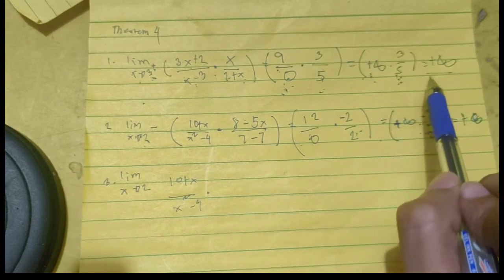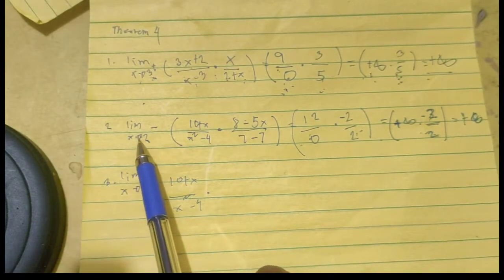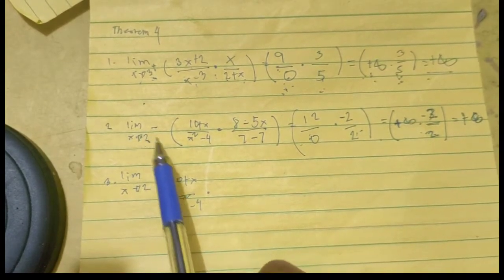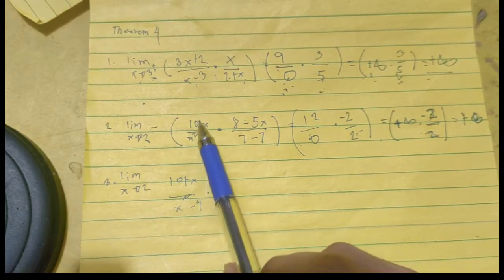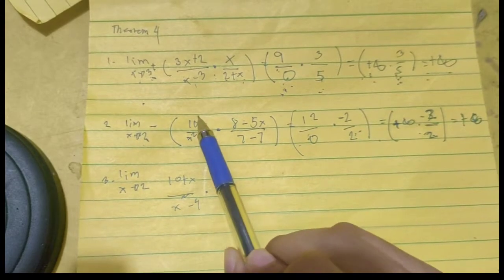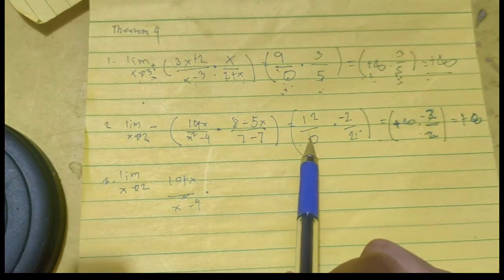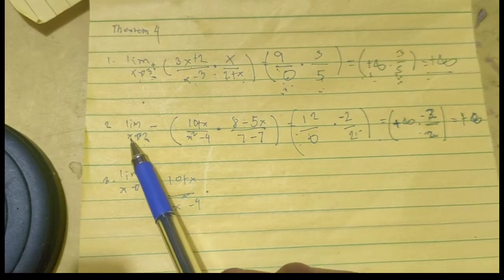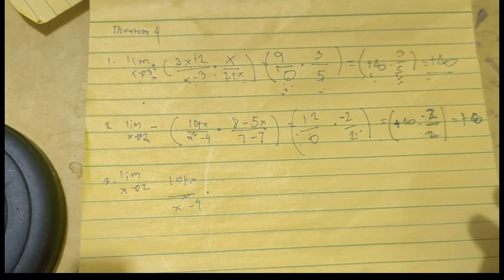Now positive times positive, guess what? It's positive. Now in our example number 2, the limit is approaching from the left, and our f of x is positive. As we all know, the constant is positive and it approaches from the left, so the answer should be positive.